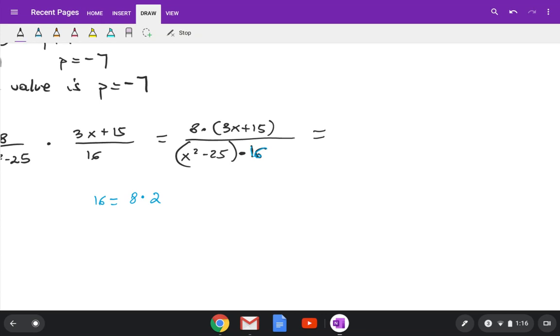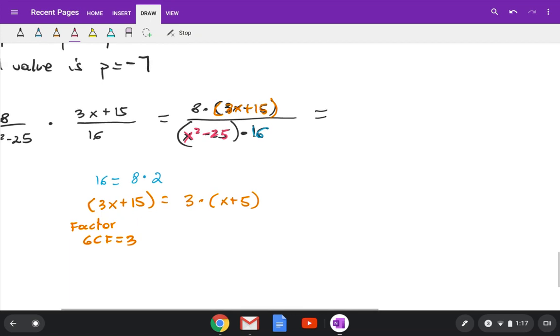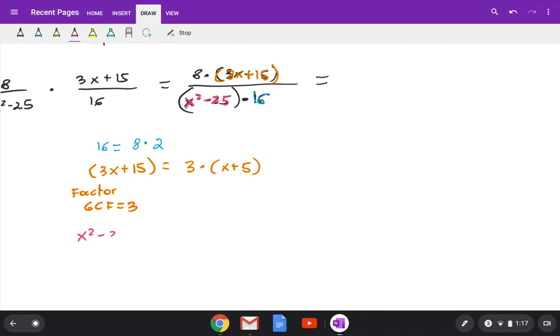Now the expression 3x plus 15, what you can factor is the GCF, greatest common factor, which is 3. So factor 3, and we end up with 3 times x plus 5. And x squared minus 25, I'm going to factor as x squared minus 5 squared.